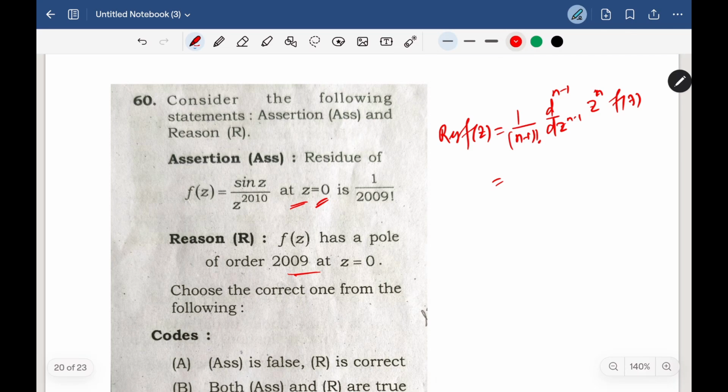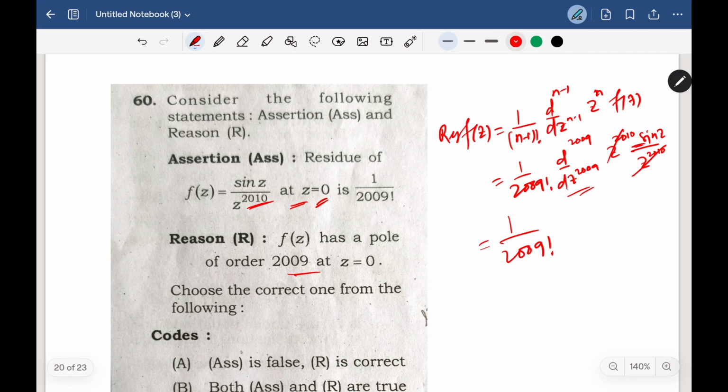Here the order of pole is 2010, so this will be 1 by 2009 factorial times d^2009/dz^2009 of z^2010 into sin z divided by z^2010. So this will be cancelled out, leaving 2009 factorial and the differentiation of this.